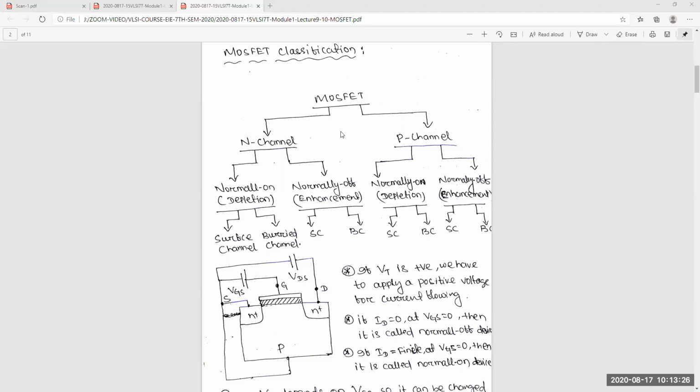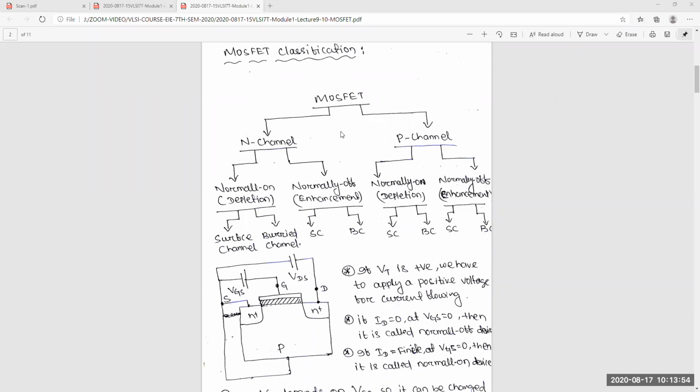It is normally on, meaning without giving any voltage, even at zero threshold voltage, zero VGS voltage, the device is on. That's why it is called a depletion mode device, or normally on. But in enhancement mode, we have to give a positive voltage for NMOS and a negative voltage for PMOS to turn on the channel and to flow the current.